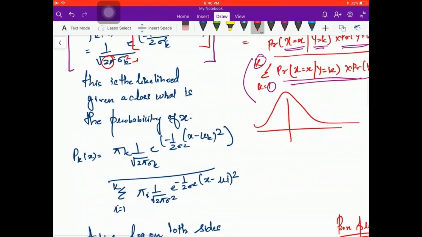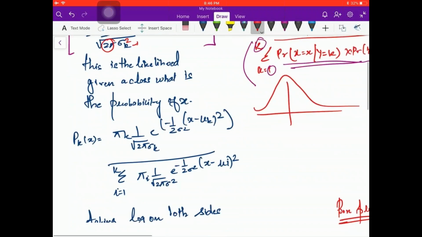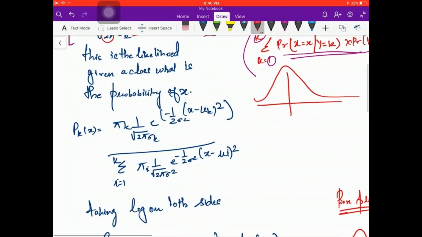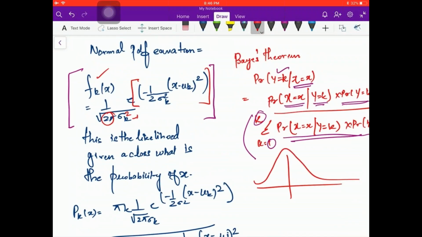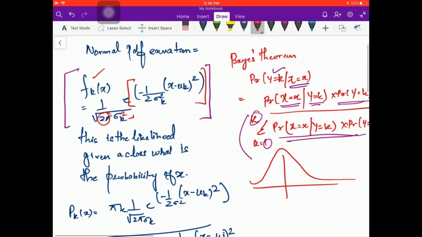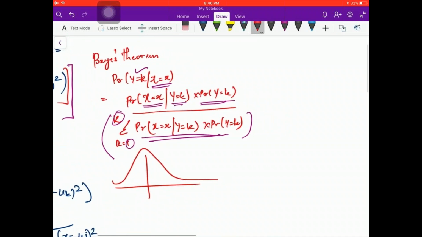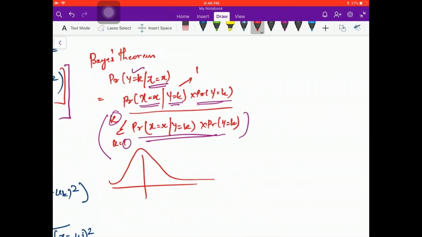But since we are doing LDA, which assumes this equation, what we are trying to do is present this. Rest all we are good.